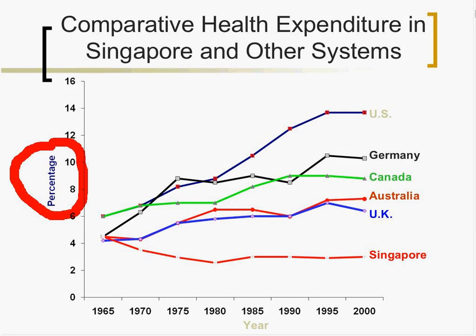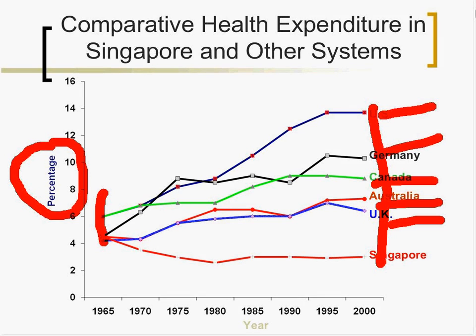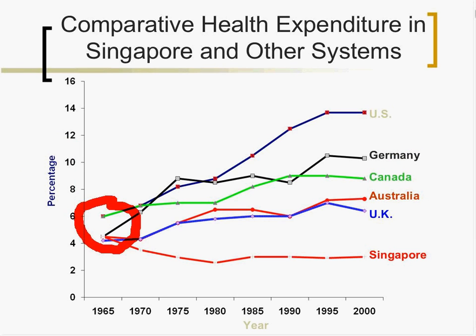It starts about the mid-1960s and goes up until about the year 2000. Most countries were grouped quite close together back in the 60s, with 4 or 5% of GDP devoted to healthcare.